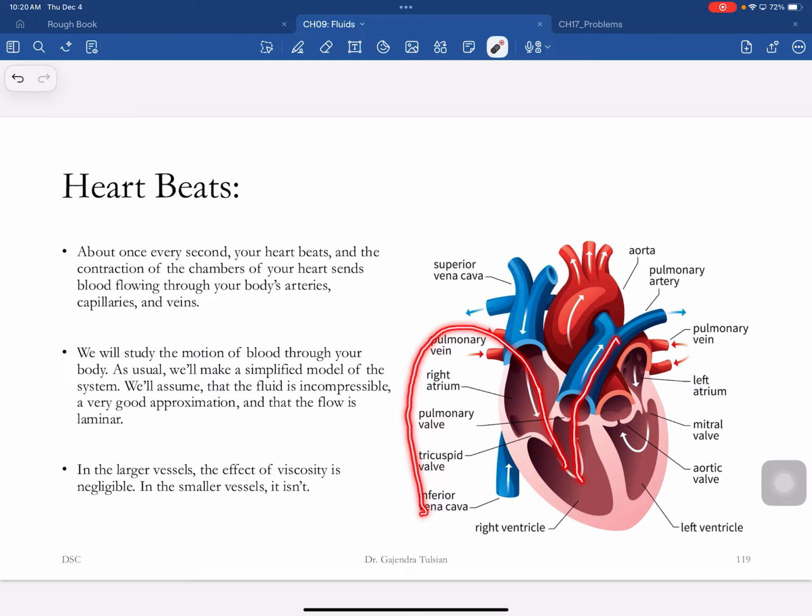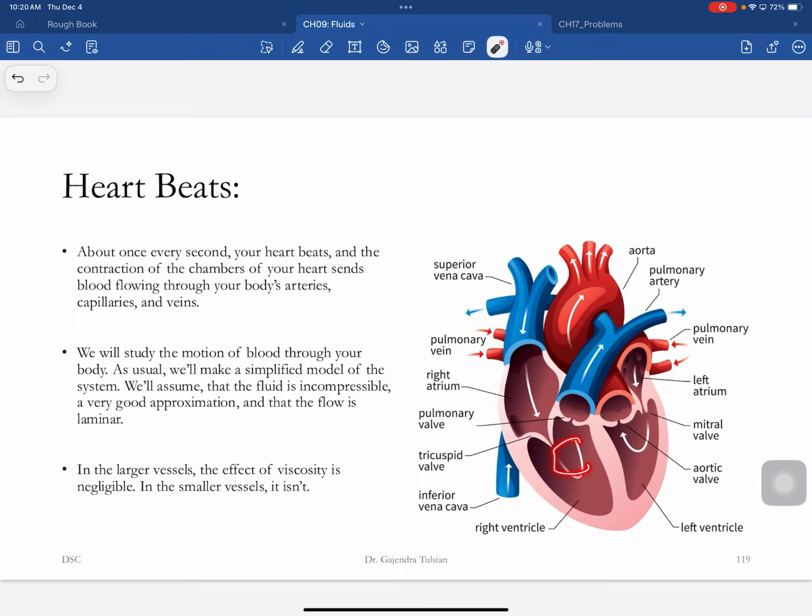Here's your right lung, left lung. It gets oxygenated there and then comes back from the lungs to the left atrium. That gets sent to the left ventricle, and from here you send that oxygenated blood to the whole body. And so that's a continuous process.